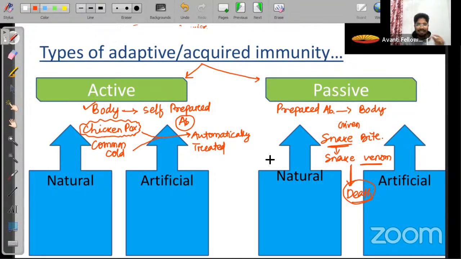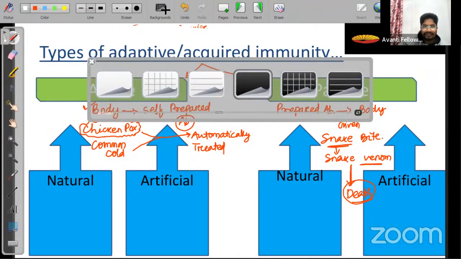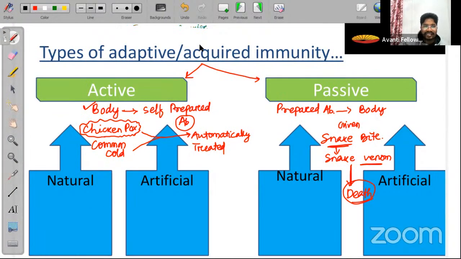When a snake bite happens, the patient is given prepared antibody, that is snake anti-venom. The patient is given snake anti-venom, or anti-snake venom, and in that the prepared antibody will be there.